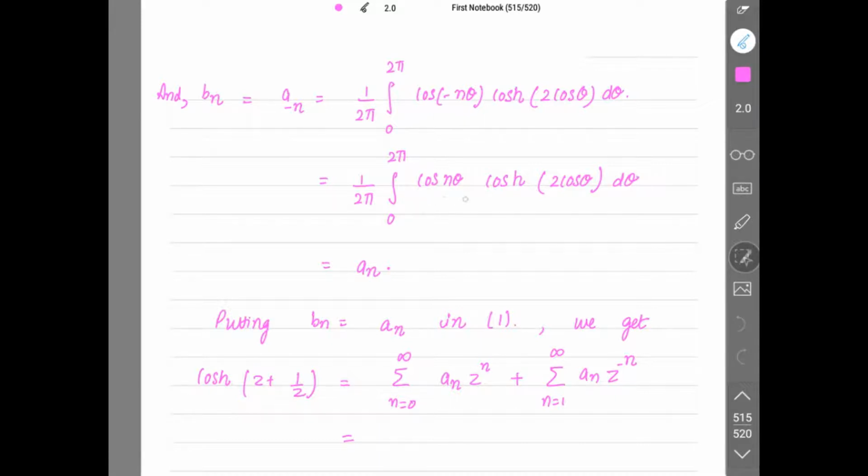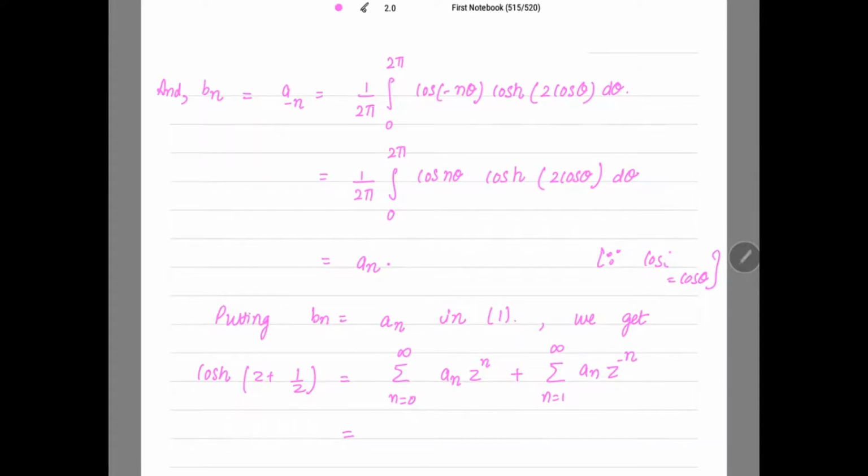So this is cos of n theta cos hyperbolic (2 cos theta) d theta, which is nothing but again your an. So cos of minus theta is equal to cos of theta. So bn is equal to an, and you can also use cos of minus n theta, which is equal to cos of n theta.